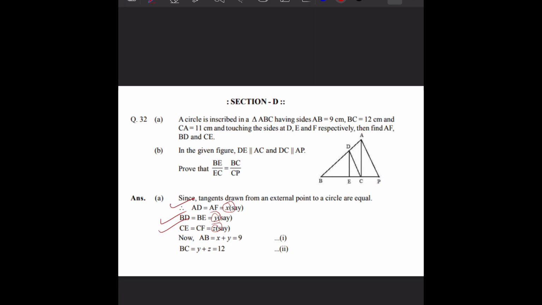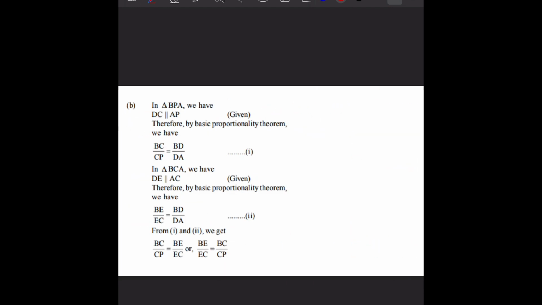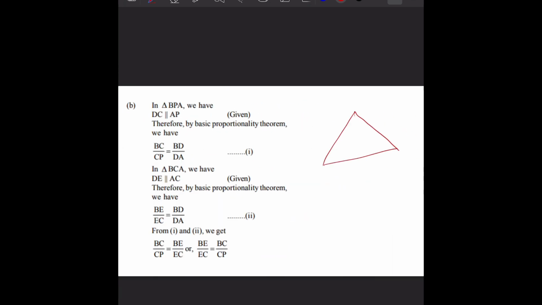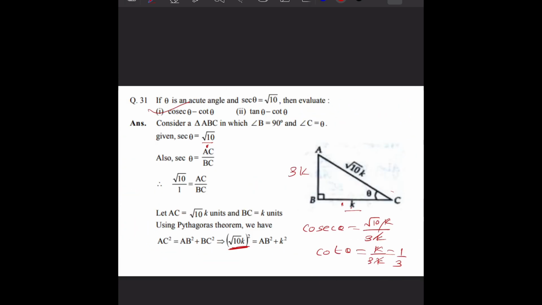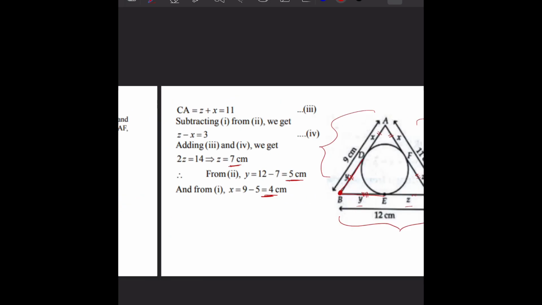Question number 32B. In a given figure, DE is parallel to AC and DC is parallel to AP. Let's solve this. I will draw the diagram here also. ABP, DE, AC.